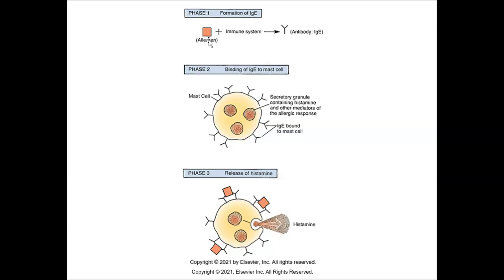Once made, the antibodies become attached, right? So it makes this antibody, and once those are made, those antibodies now become attached to the outside of the mast cell or the basophil. In this example, it's the mast cell.